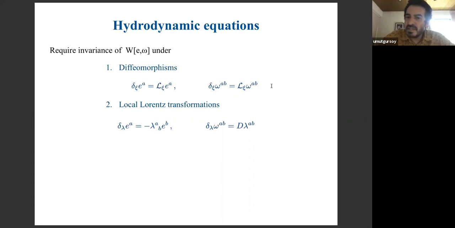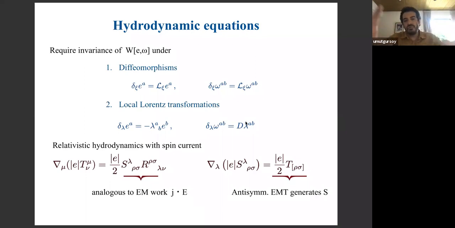The diffeomorphism is given by this equation, where you demand that the Lie derivative of the vielbein and the spin connection vanishes, and the local Lorentz transformation is a non-abelian transformation where the spin connection transforms non-trivially, and you require this and you get other equations. So essentially, if you do these 2, you derive the Ward identities.